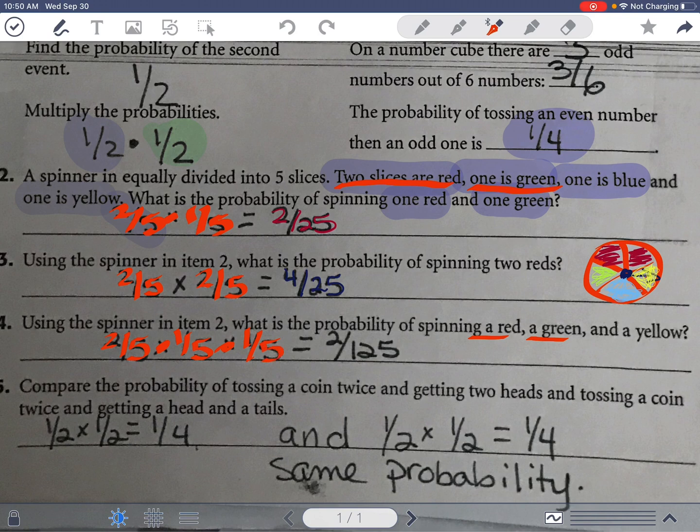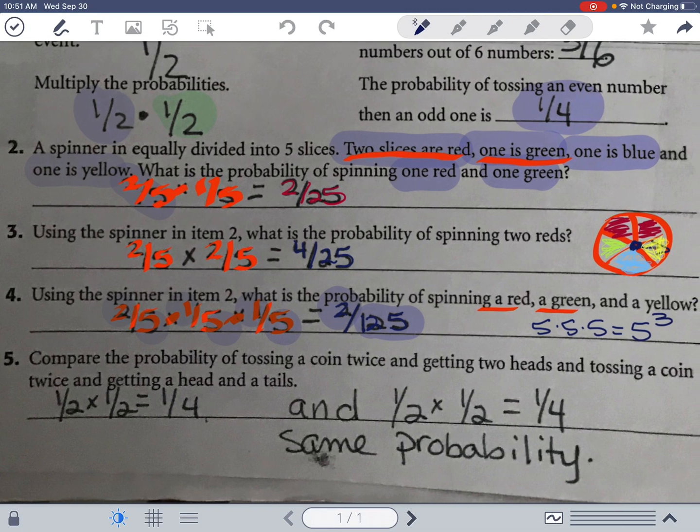So we multiply straight across. 2 times 1 times 1 is 2. 5 times 5 times 5 is 125. So we write the answer is 2/125. Another way to write 5 times 5 times 5 using exponents would be 5 to the third power if you want to use your Desmos calculator.